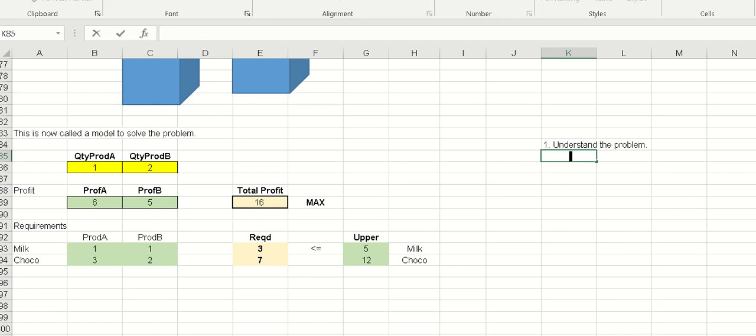Then identify the relationship together with the variables. Number 3, lay out the model. Once you are able to do the layout, then you now start using Solver of Excel. The third video will go towards this step number 4.